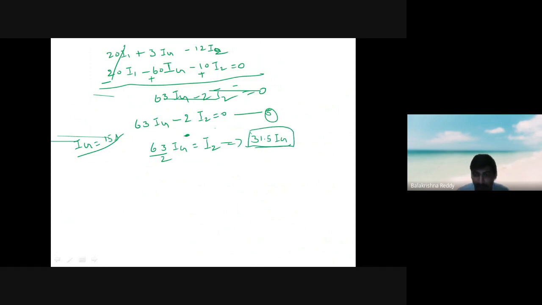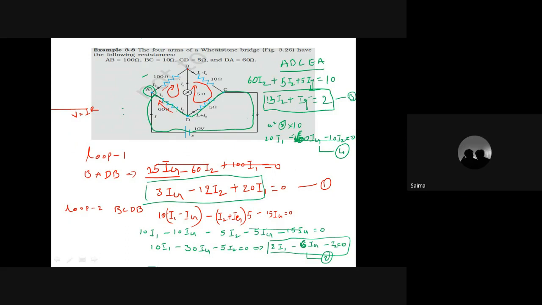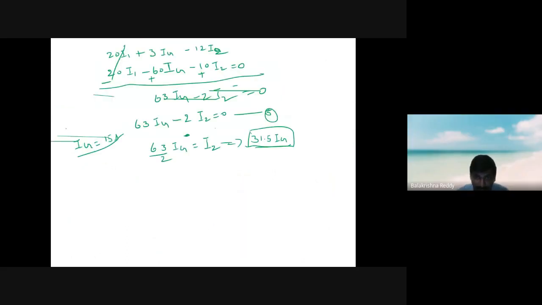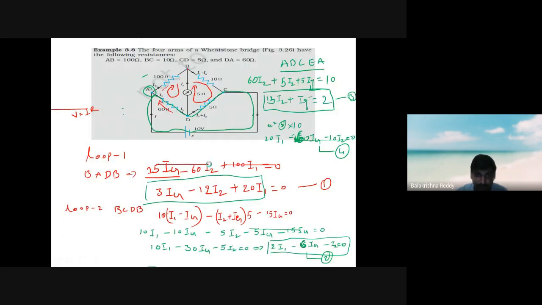Go with the third equation. Why? The third equation also has the same variables, I2 and Ig. So yes, 13 I2 plus Ig equal to 2.